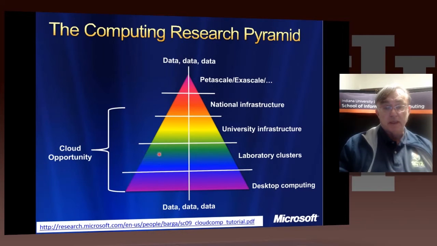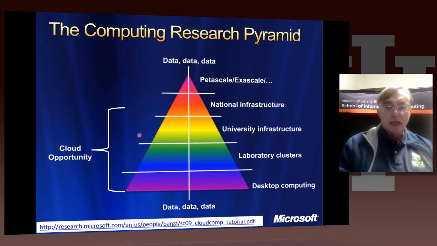This slide here, there's a well-known computing research pyramid. At the bottom, you have the long tail. Here you can call the long tail laboratory clusters. Here you have universities, mid-sized systems. Here we have the national infrastructure. And here we have the very top, petascale and exascale.